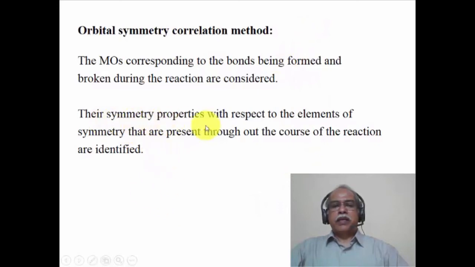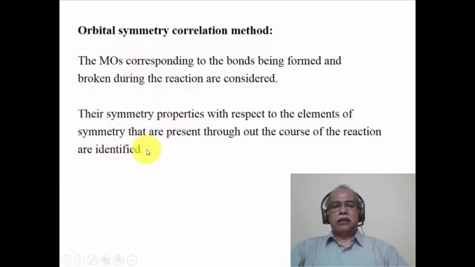The symmetry properties of each molecular orbital are identified with respect to a symmetry element that is present throughout the course of the reaction. In other words, you identify a symmetry element that should be present in the starting point, at the end point, and also in the proposed transition state of the transformation being considered.